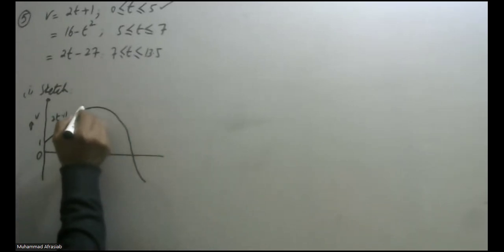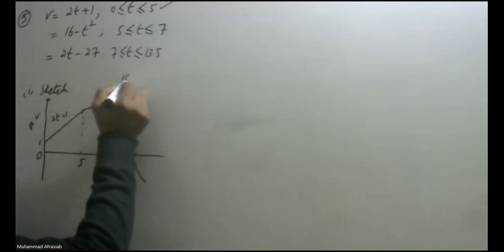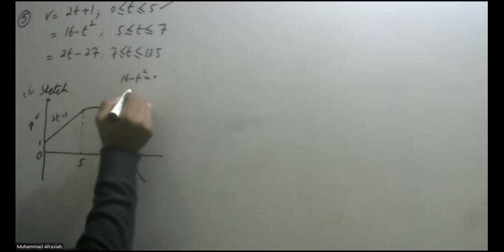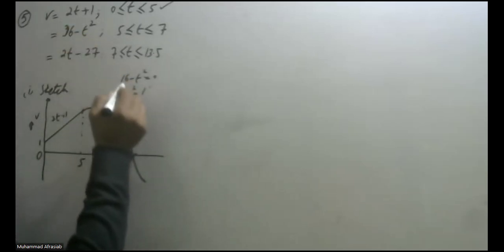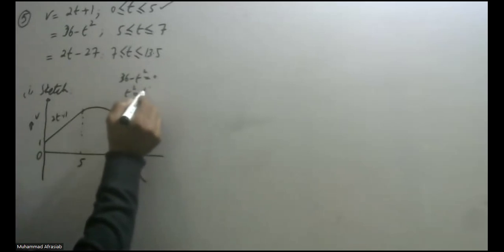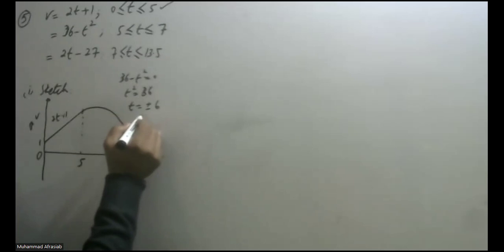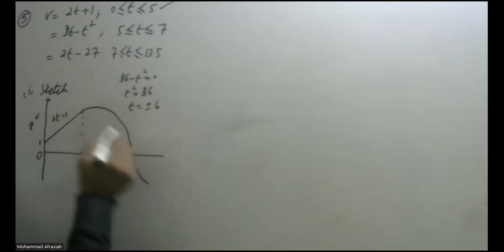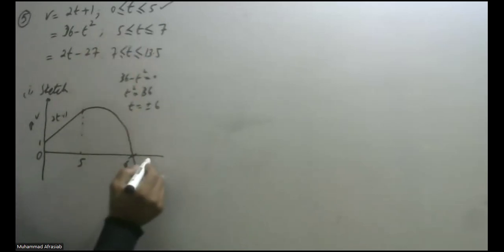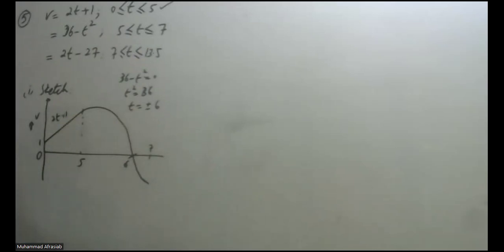Here it is 6 because 36 minus t squared equal to 0, then t squared is equal to 36, or t is equal to plus minus 6. So this value will be 6. And then the graph is from 7 up till here. The graph is this sketch of 36 minus t squared.